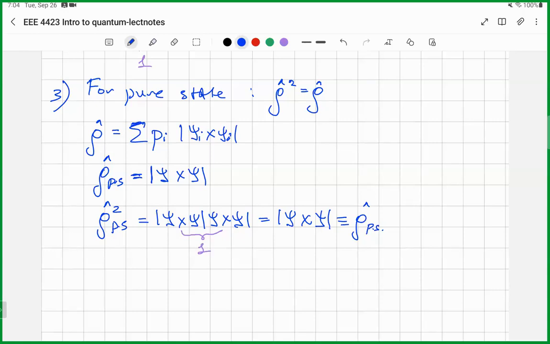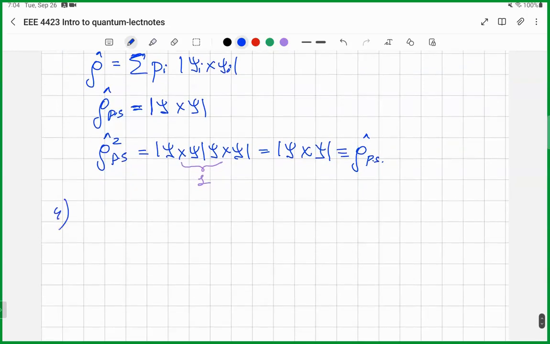And finally, the last property today, without proof, just for completeness, because this one is pretty important. For pure states, the trace of the density operator squared is equal to 1.